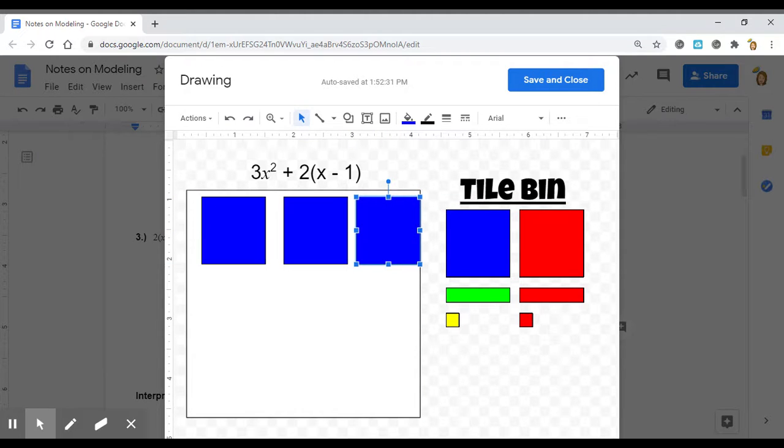And I want 2 groups of x minus 1. So 2, an x, and then a negative 1 tile. I need another group of that. So I'm going to make another x and a negative 1 tile. And I have just modeled or visually shown 3x squared plus 2 groups of x minus 1.